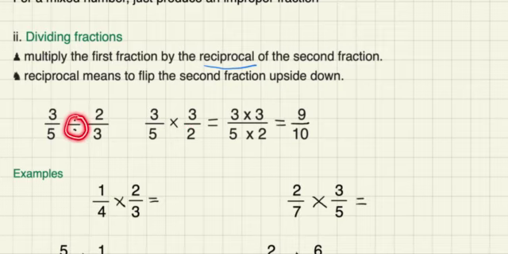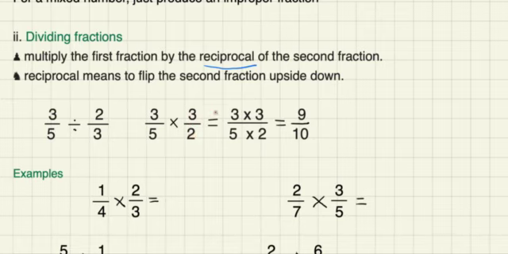So that is the division symbol. Make that into a multiplication symbol, and then flip over these values. So the 3 goes on top here, and the 2 goes down at the bottom here.